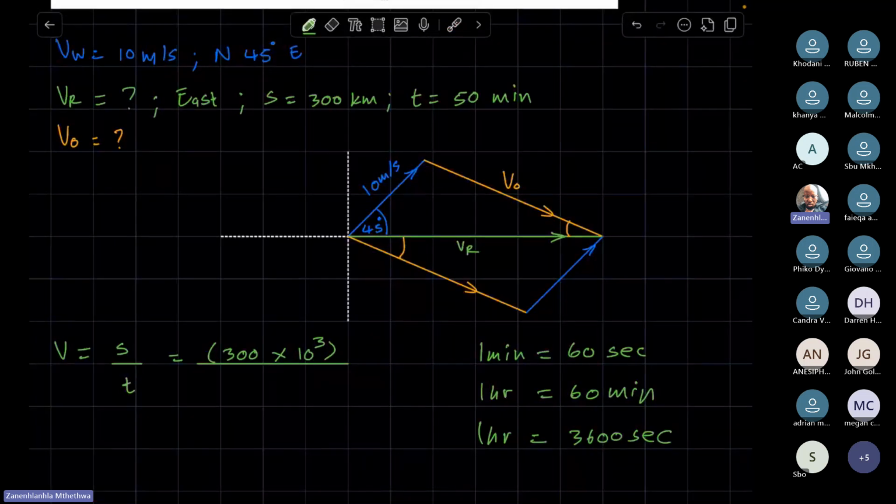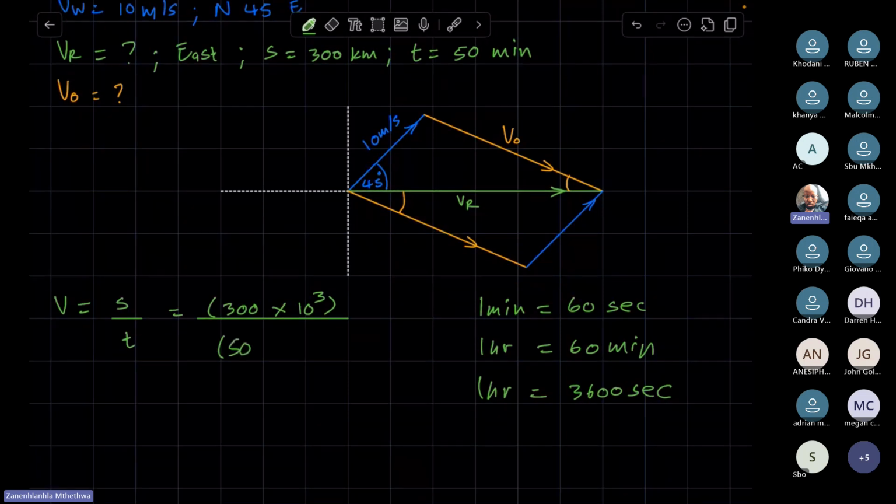Essentially, what you have here is 50 times minutes, and 1 minute is equal to 60 seconds. So all you are doing is replacing the minutes with seconds, since 1 minute is represented by 60 seconds. All you do is get rid of this and use the seconds instead. Do you see what I did there?